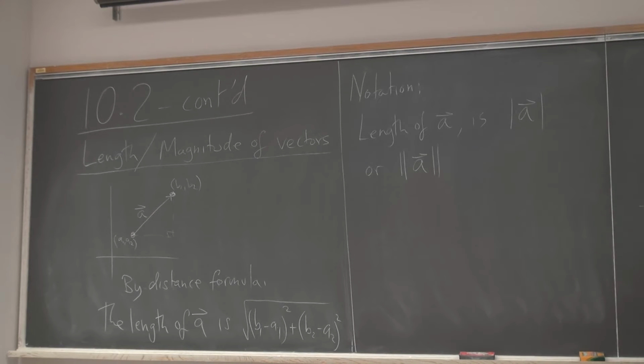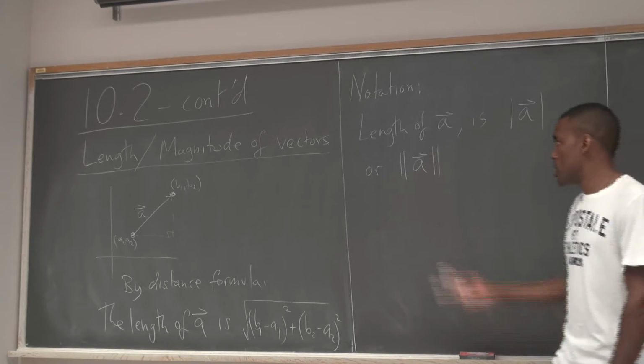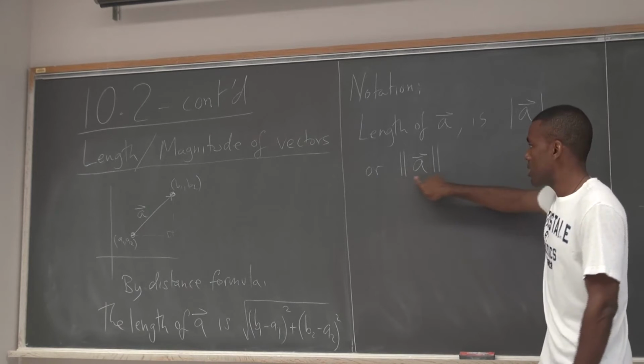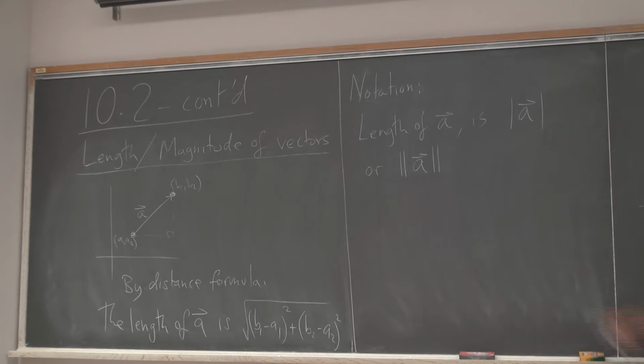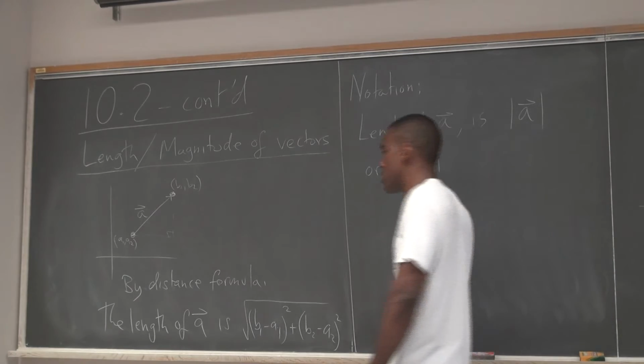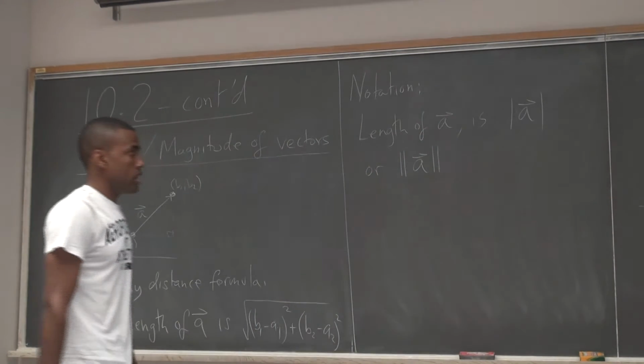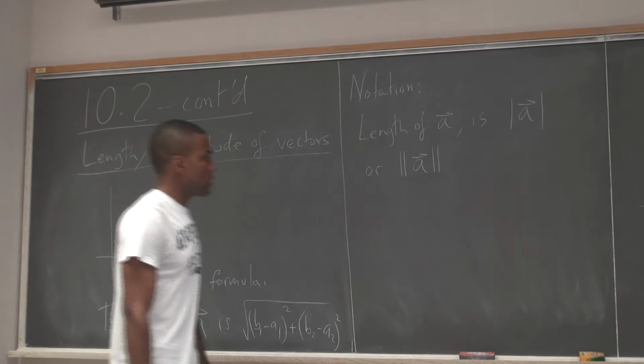Either one is fine for us because, as you can see here, with that arrow in there, I know when you put absolute values, what you need is the length. But there are contexts where you might need an extra notation. So if you see either of these, it's the same thing. For now, just think of it as just the length of the vector. And it will go by these components.